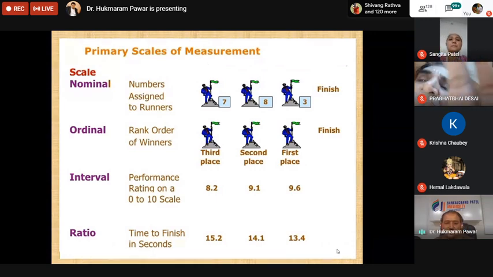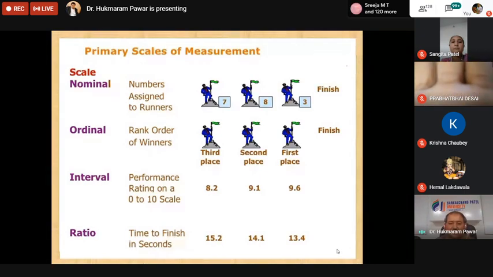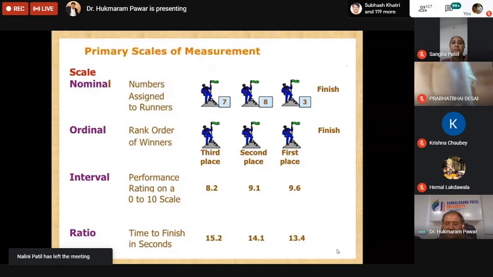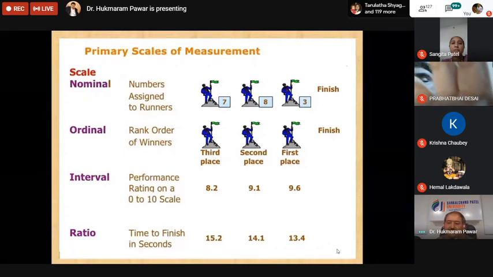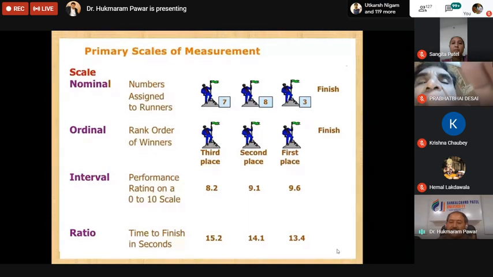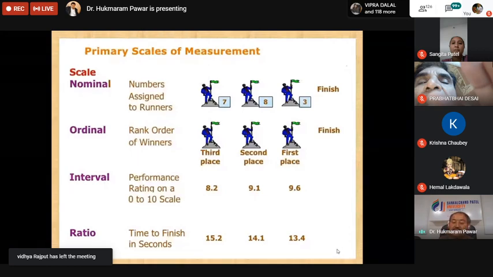Here you put players in a particular order: first place, second place, and third place. But the performance-based arrangement is not there. Here the interval is 9.6, 9.1 and 8.2, and the ratio is on the basis of time to finish in seconds.